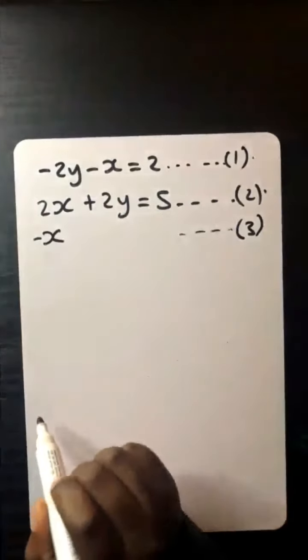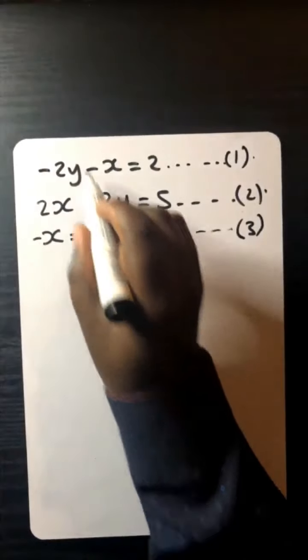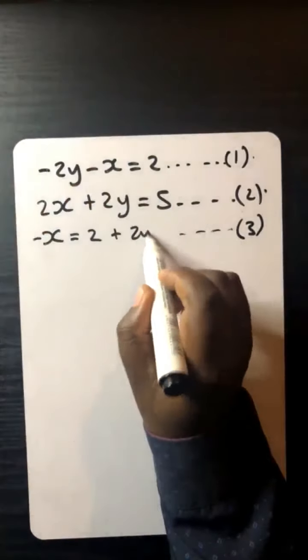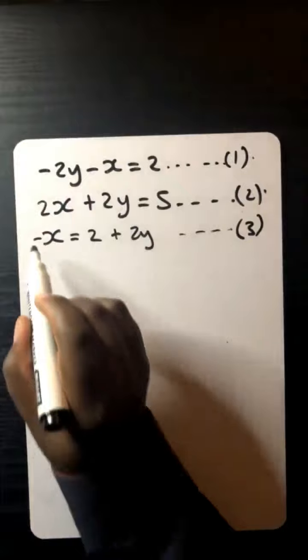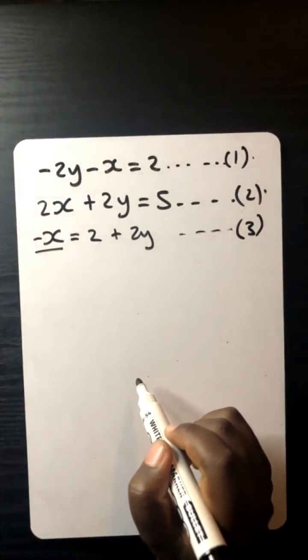But remember, it's negative x, which means it's equals to, already there was a 2 there. You first write 2, then you add, because it changes the sign, it becomes positive y. Remember, you've got a problem, Shreyas, a problem of a negative over there.